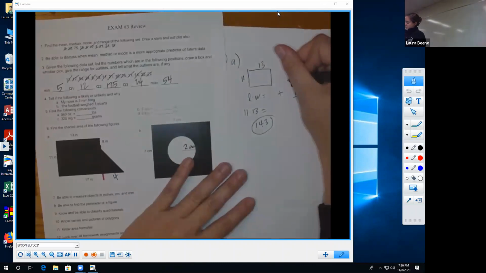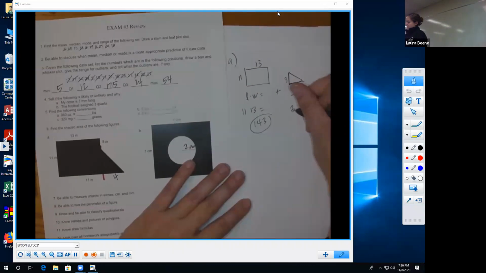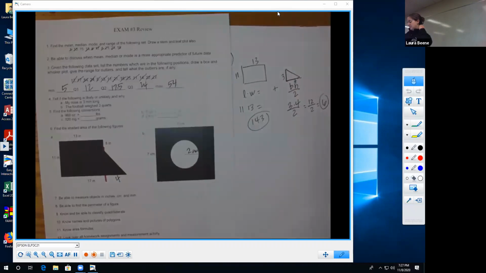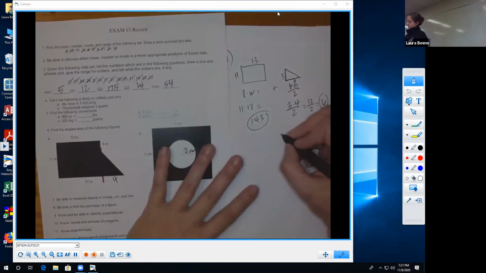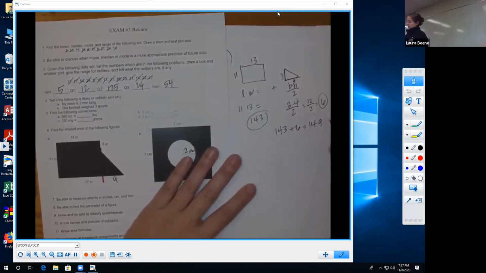So this would be 3 over here. So base times height would be 3 times 4 divided by 2, which is 12 divided by 2, which is 6. And I need to add those two together to get the total area. So 143 plus 6 would be 149.